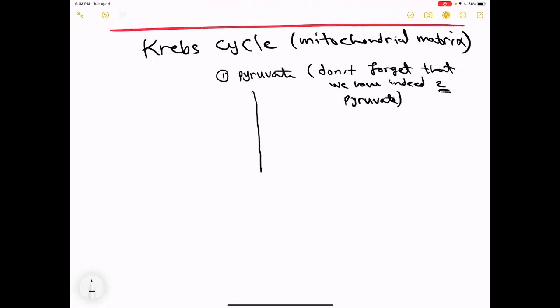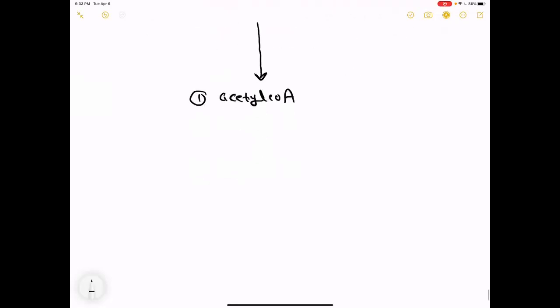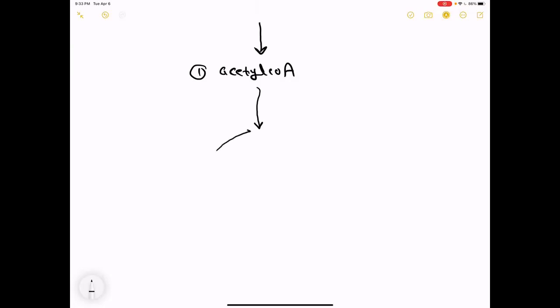So 1 pyruvate will give you 1 acetyl-CoA. That's your transition reaction so far, without showing the other molecules in the reaction. But now I'm going to trace that acetyl-CoA. It's going to fire that Krebs cycle. The Krebs cycle is also busy, so I'm going to pick and choose what I want to emphasize. The acetyl-CoA is going to merge with oxaloacetate.